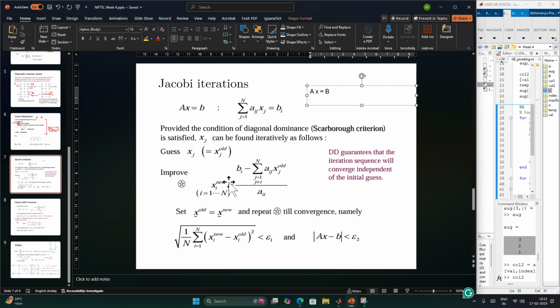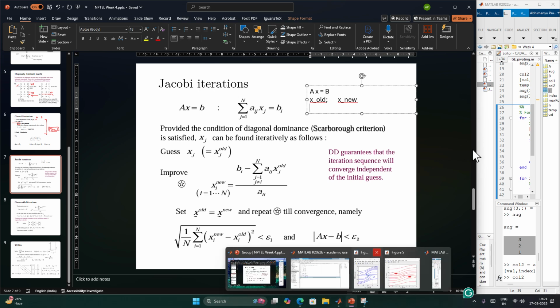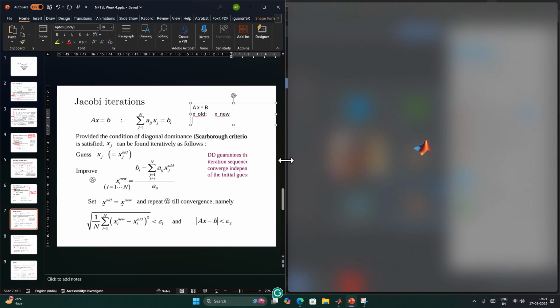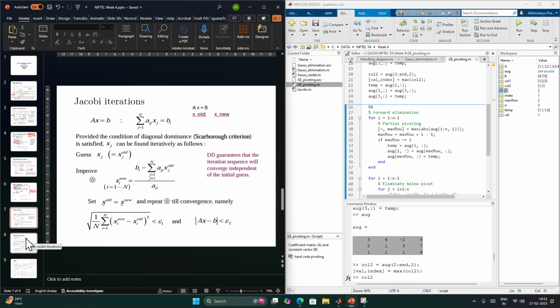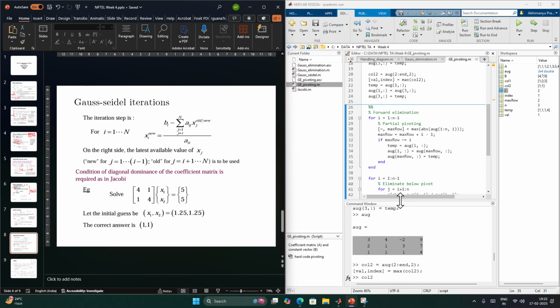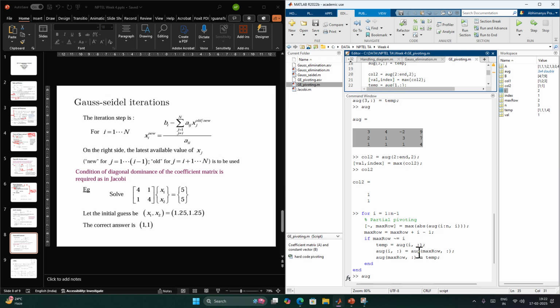What this statement means is, suppose I have some x old, and I have some x new. If I will just do the matrix multiplication, then for the first, okay, let us try to do it using a simple 2 cross 2 matrix example, right? Let us use this. Okay, that this will become clear then.